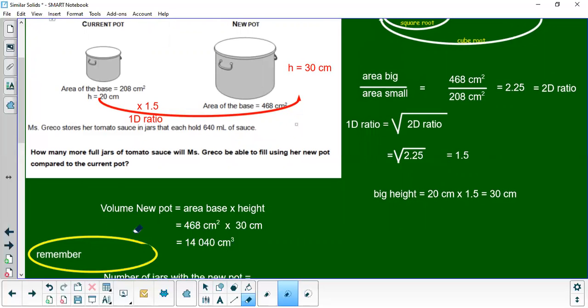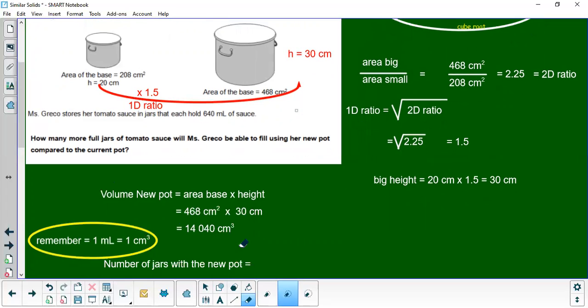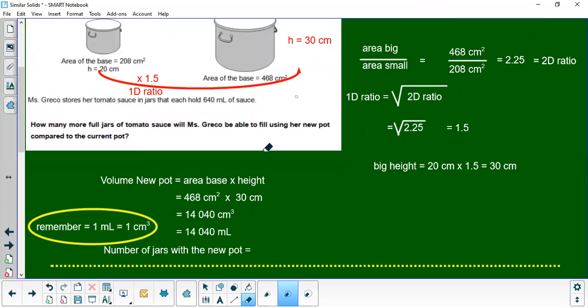Remember that centimeters cubed is equivalent to milliliters, so I can change this to milliliters. How many jars can I make with this? Just divide by 640. They're both in mLs, so I can make about 22 jars approximately.